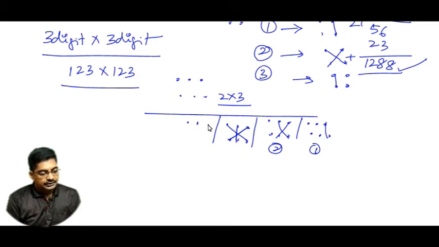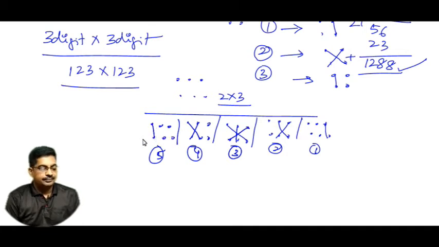And the fourth digit will come by multiplying this pattern. This is the third digit, this is the fourth digit, and the fifth digit will come by multiplying the leftmost two digits.